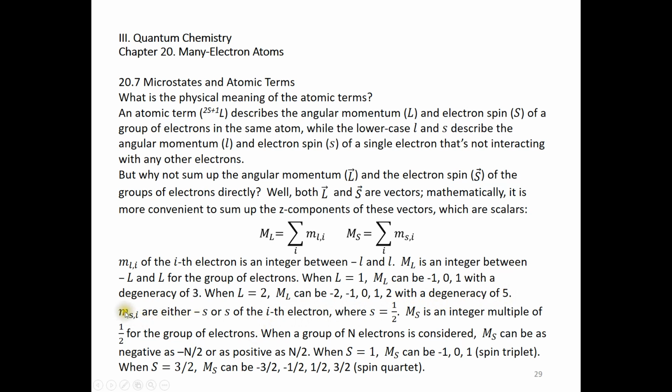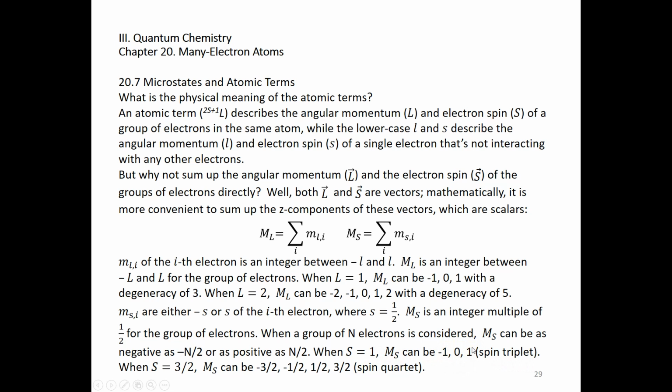The lowercase m sub s can only be negative half or positive half. But when you have a group of electrons and you look at the Z component, it can be from negative n over 2 to positive n over 2, where n is the number of electrons in that subshell. So sometimes S can be even 1, then M sub S can be negative 1, 0, or 1. We looked at the carbon atom as an example, and we saw this kind of case.